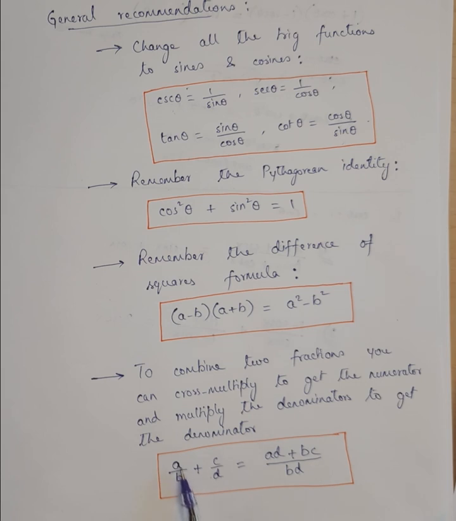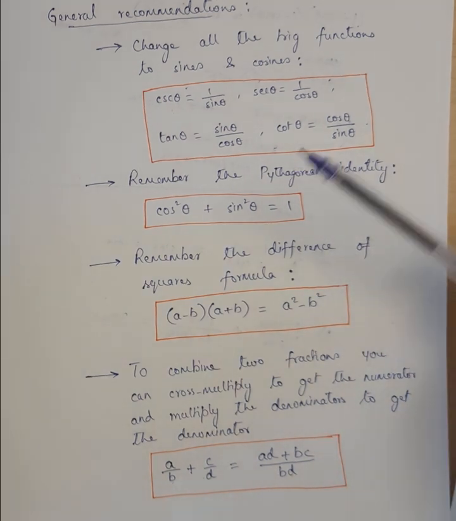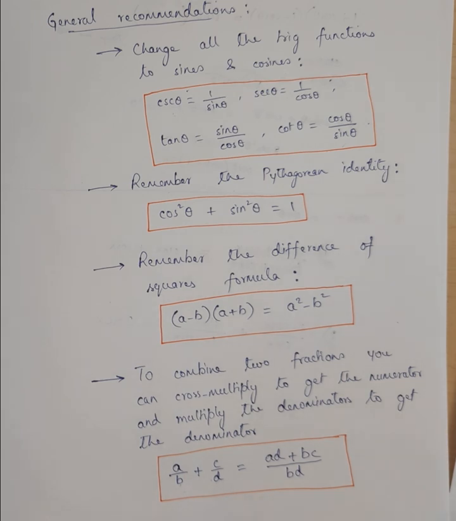If you have to subtract A over B minus C over D, then it's AD minus BC over BD. So these are general recommendations that you need to know whenever you're trying to prove a trigonometric identity. Now, for some problems, you may need to do more than just this.